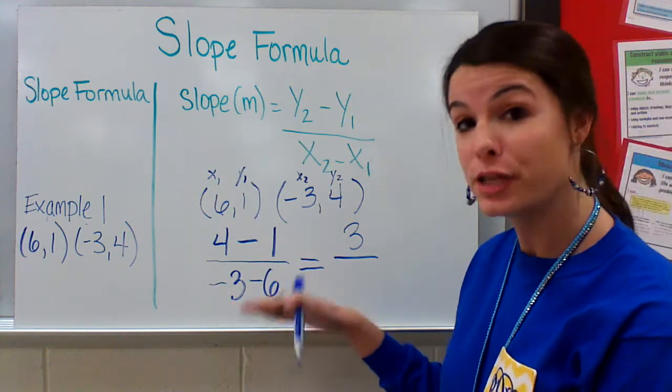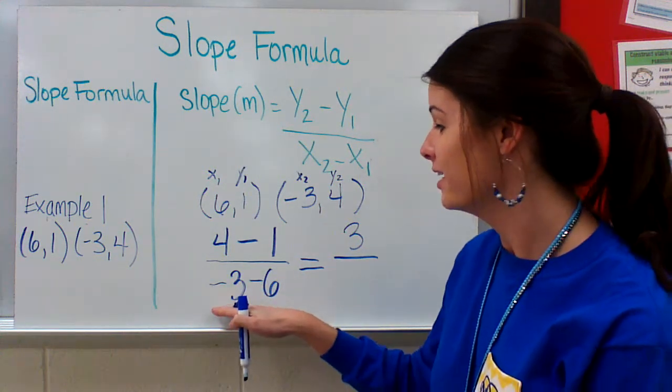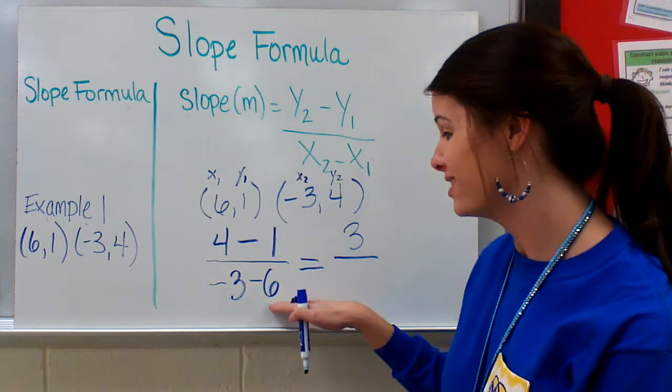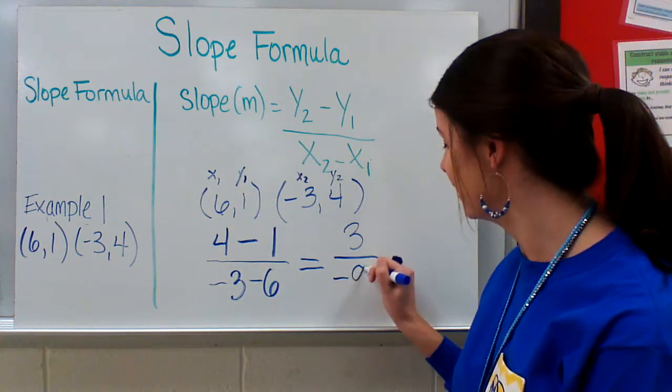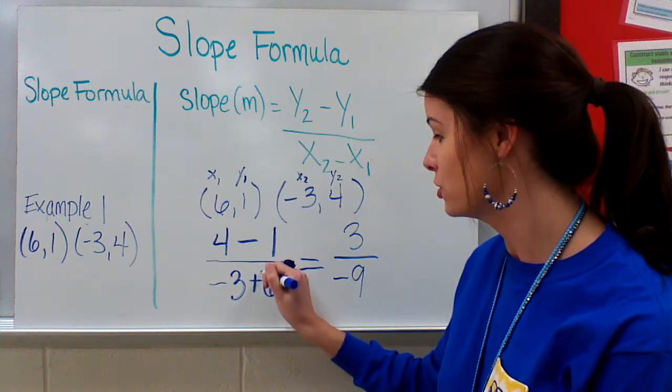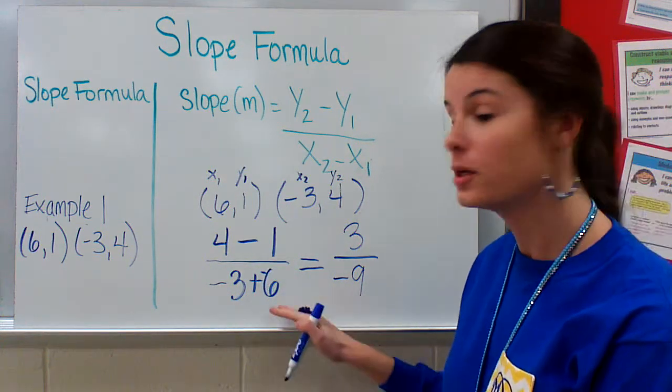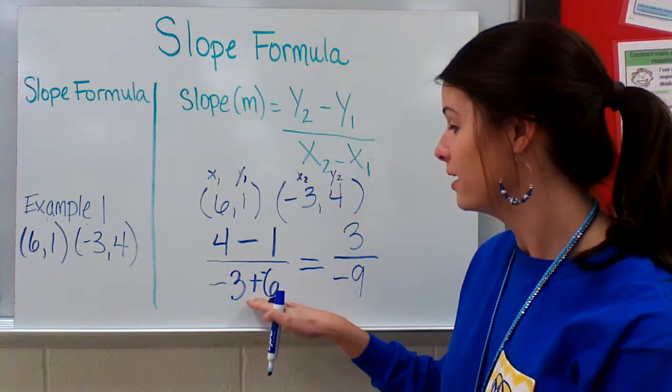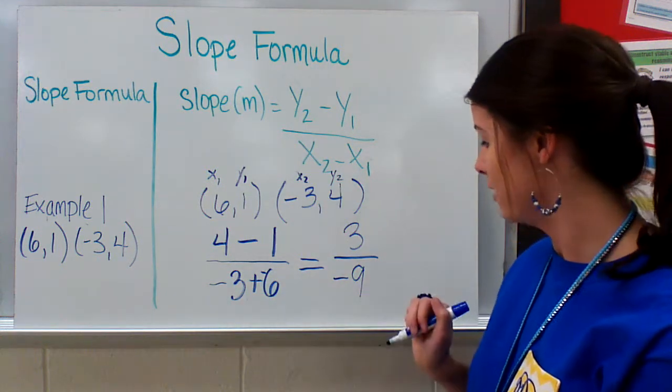And when you use your integer rules to subtract, and when you're at -3 and you're going down 6 more, you're going to be -9. And if you'd like to do the keep, change it to addition and add the opposite to help you, you can do that. And -3 plus -6 is -9.